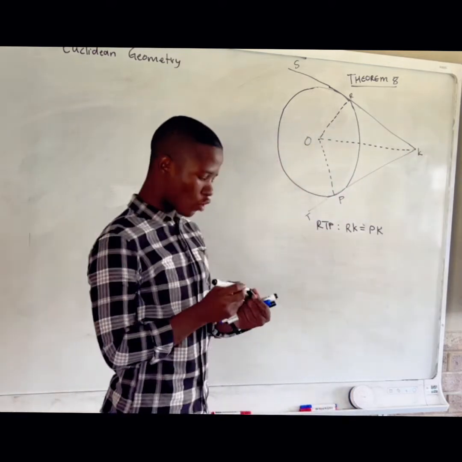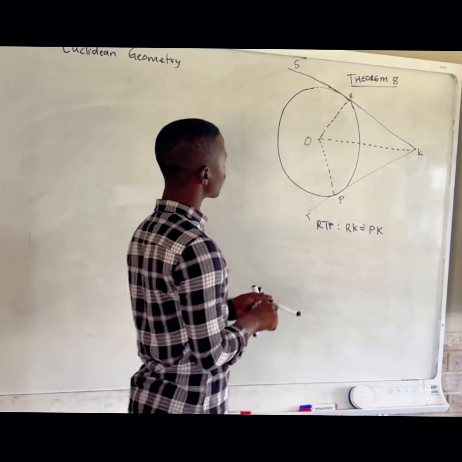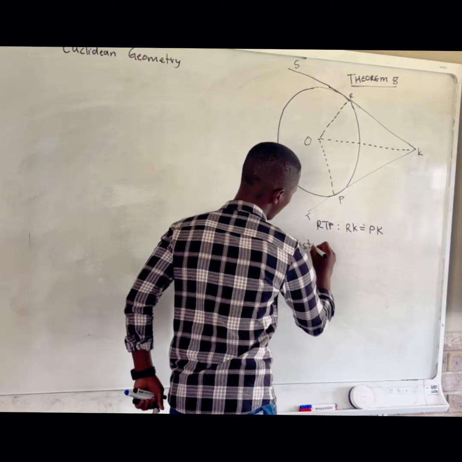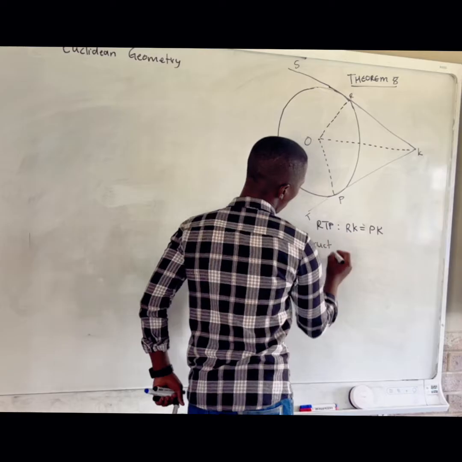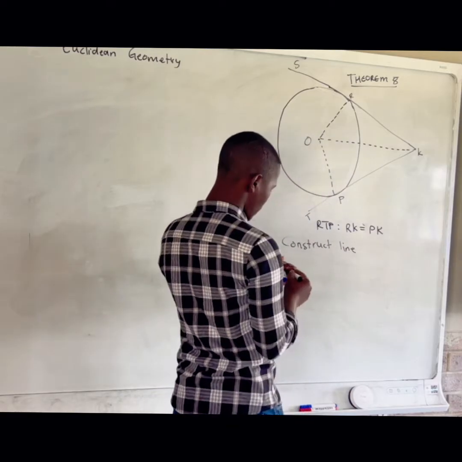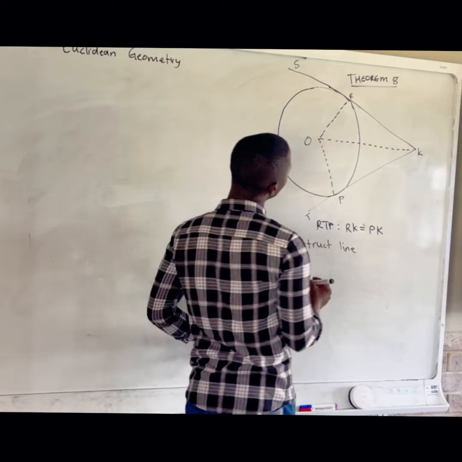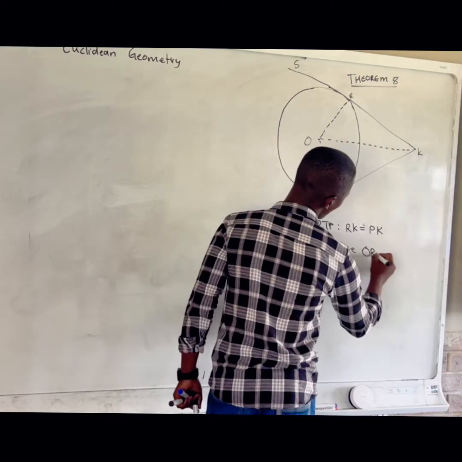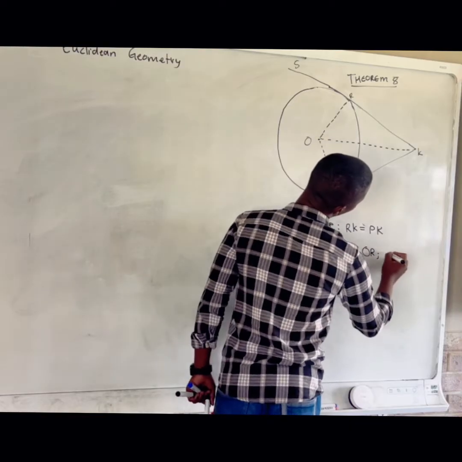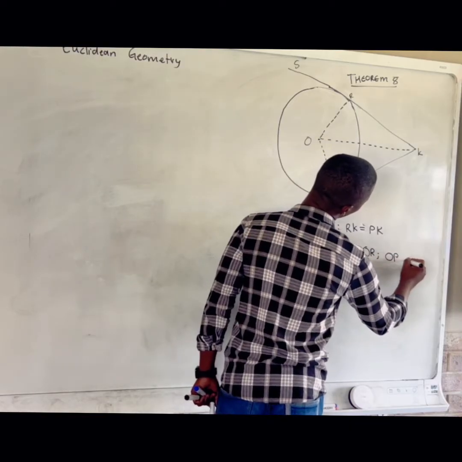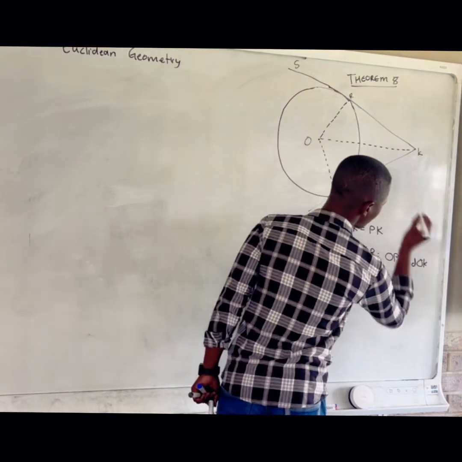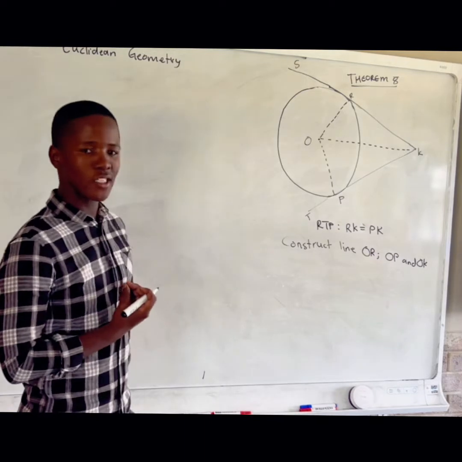So basically you are going to construct these line segments: line OR, or radius OR, also OP, and OK. These are the lines that you are firstly going to construct.